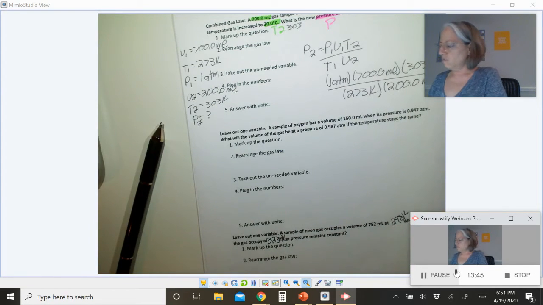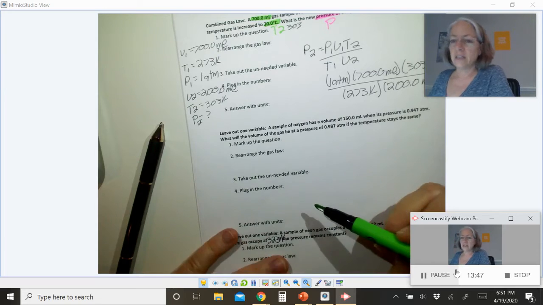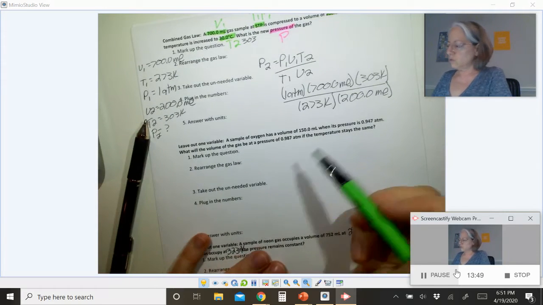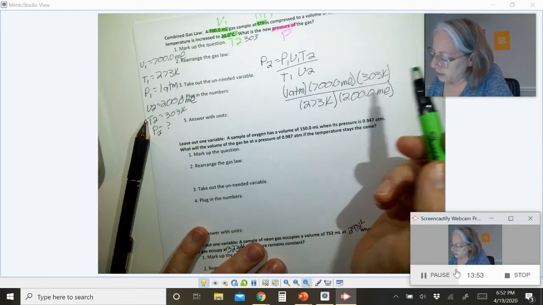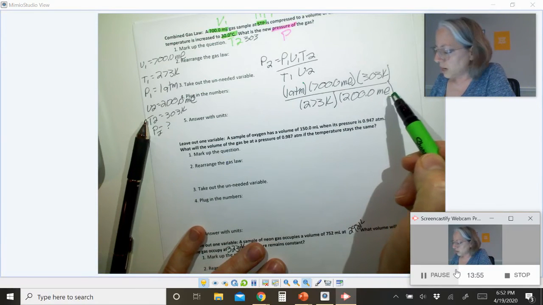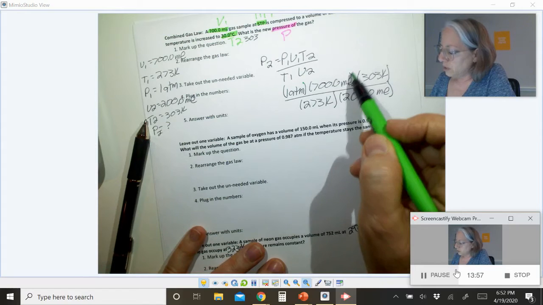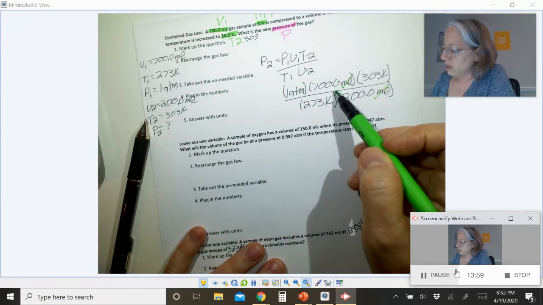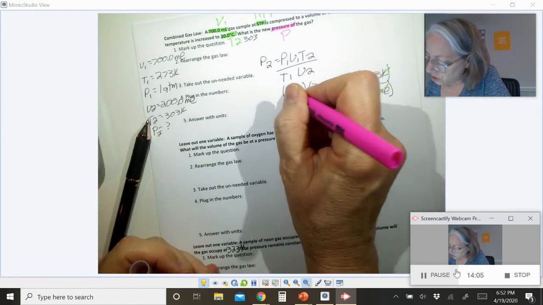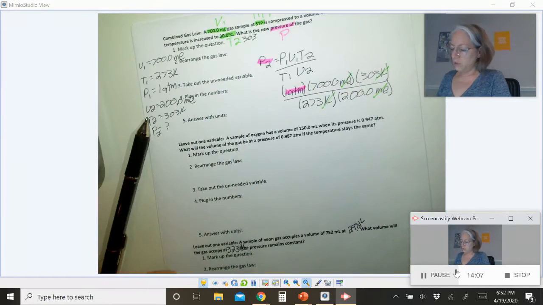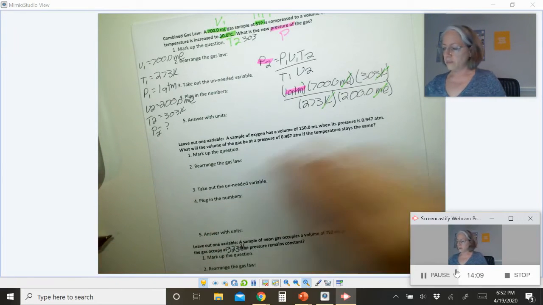So write your units, and that way we can cancel them and check that we're doing it all the right way. So atmospheres, there is no atmosphere on the bottom, so we're not going to be able to cancel that. Milliliters has milliliters. Kelvin has Kelvin. So the unit we're left with is atmospheres, and that's P2. That's what we're looking for. So we know we set it up the right way.